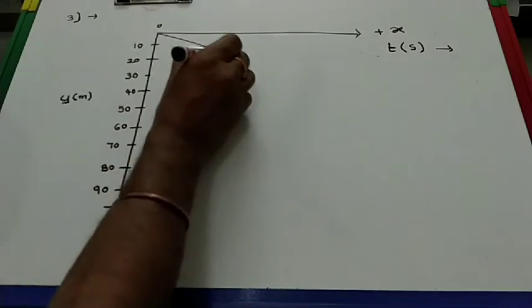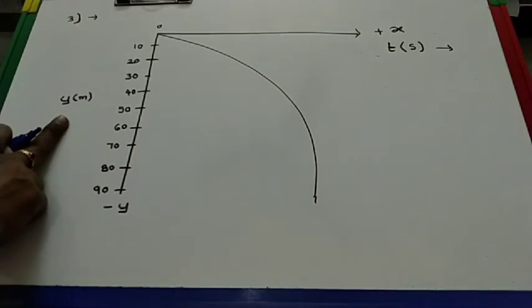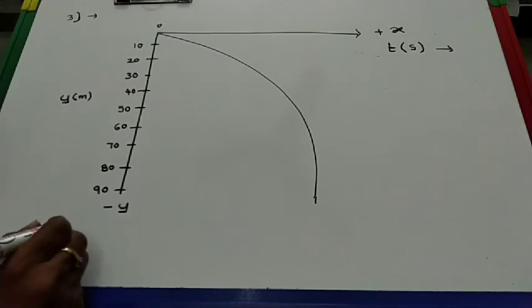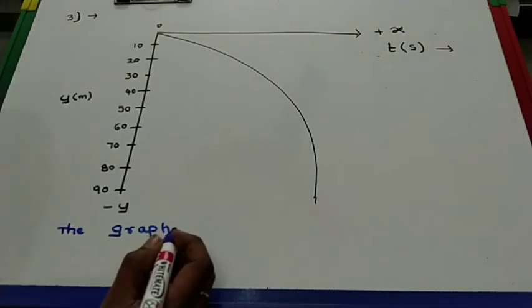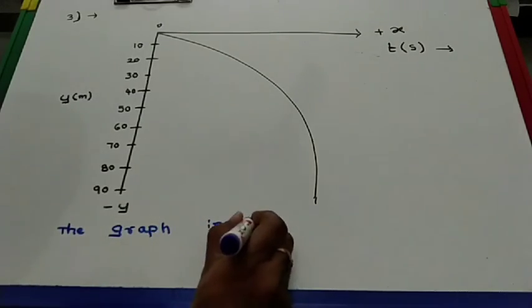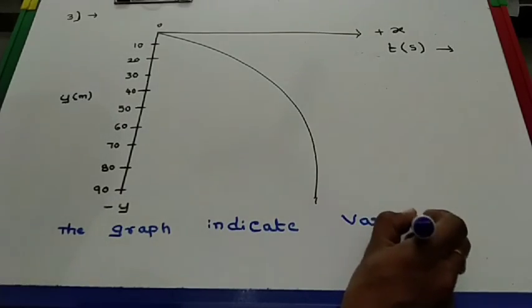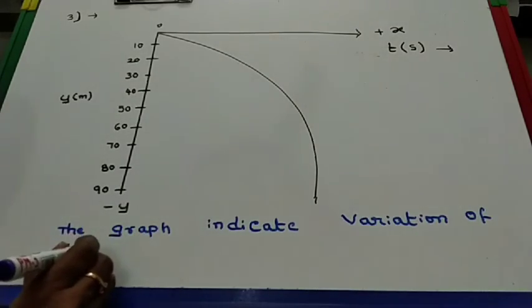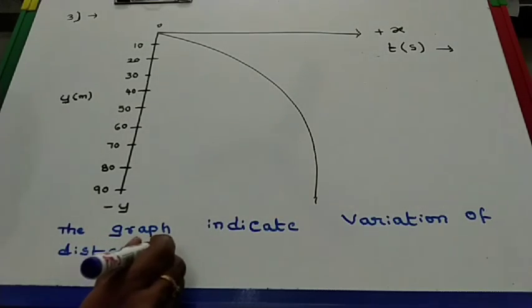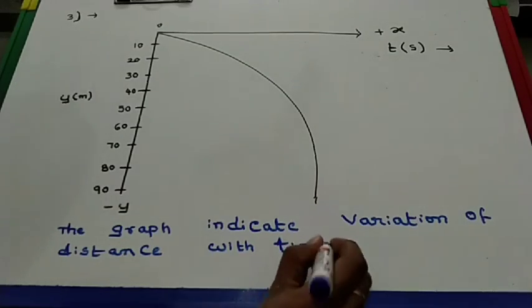If the graph is like this, a half parabola, what do we understand? We understand that this is the variation of distance with time.